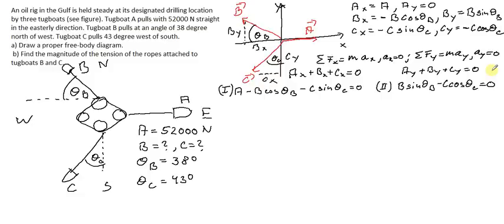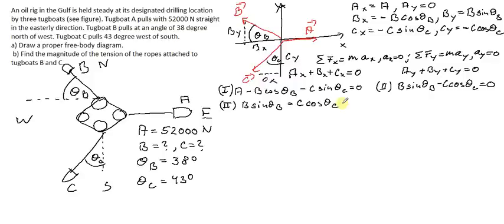The first thing that I'm going to do right now is take equation number 2 and solve that for one of the two unknown magnitudes. So from 2 it follows that B times sine theta B equals C times cosine theta C. All I did is bring the term with C to the right hand side of the equation.